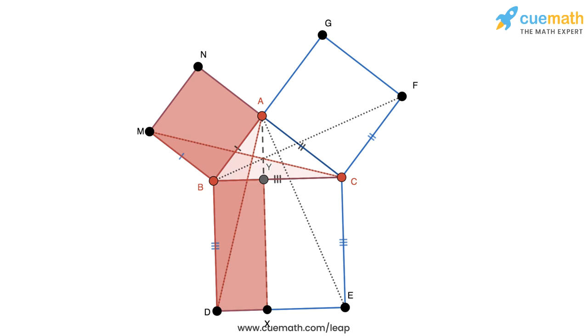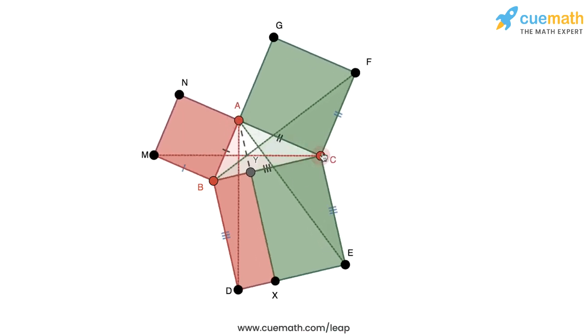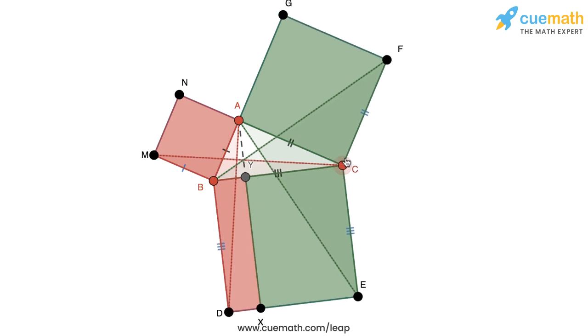And then we also compared triangle FCB with triangle ACE, and we showed that these two triangles are congruent. And from here it followed that the area of square ACFG would be equal to the area of the rectangle CYXE. And now even if I move around this figure, you can see that these equalities always hold.